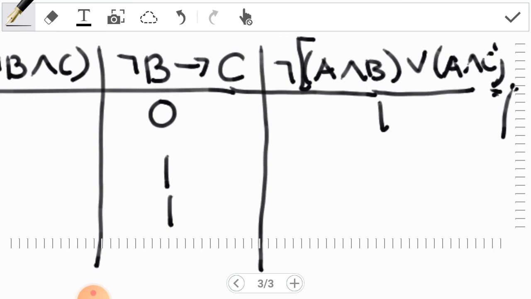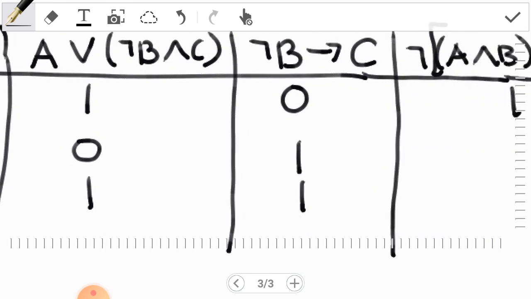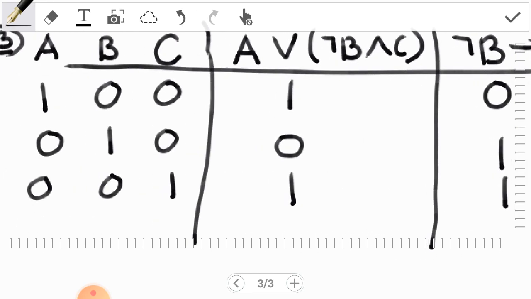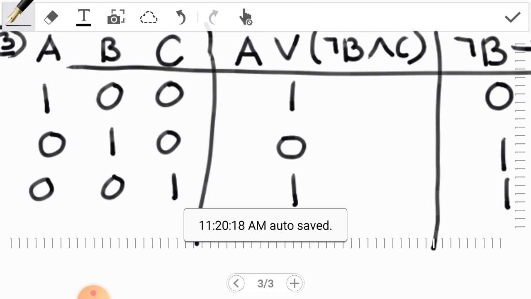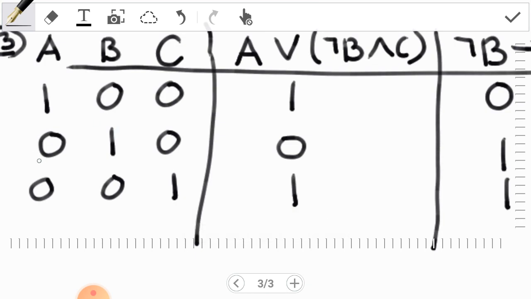Okay? Next. We have A or B, which is true. A and B will be false. A and C, false and false, will still be false.